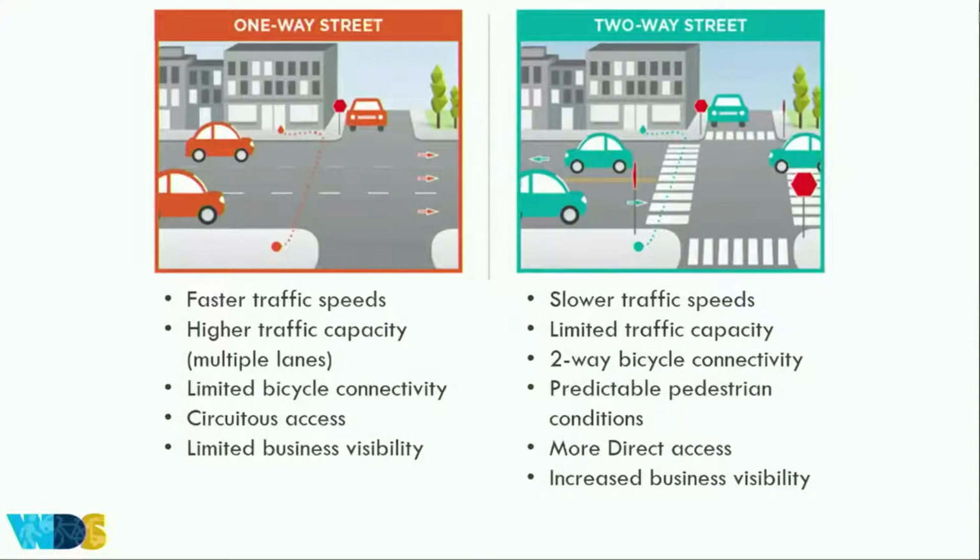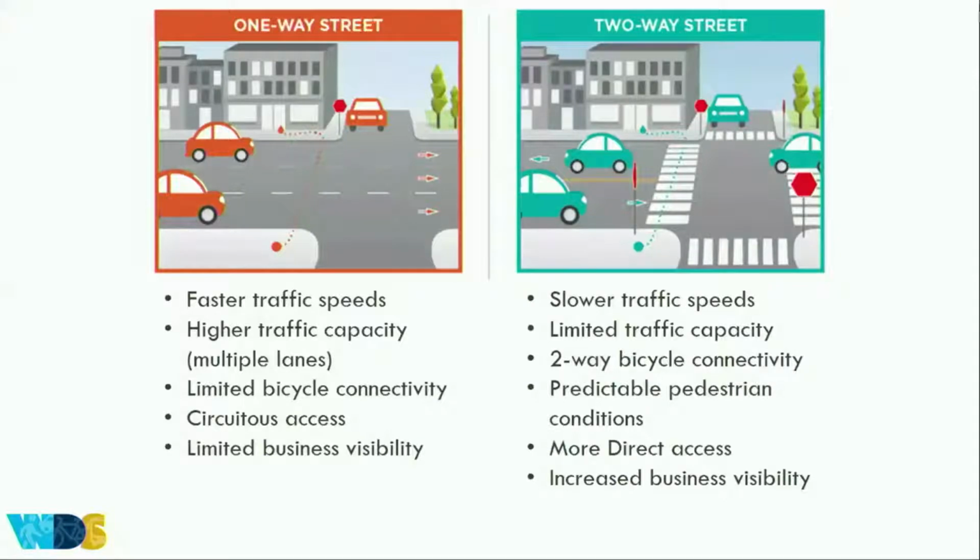It's also faster because inherently there's less friction in terms of things that are going on along the street that would cause the driver to be cautious. They don't have to worry about the two-way street. And it's a challenge in terms of bicycle connectivity. If someone's riding a bicycle, they are required to travel the same direction as motor vehicle traffic.